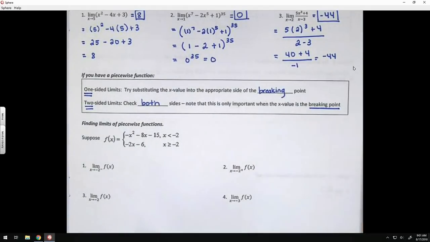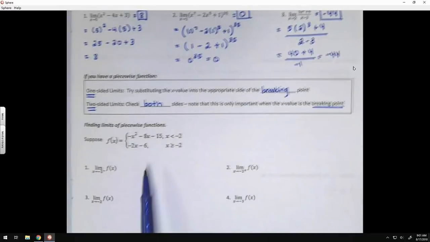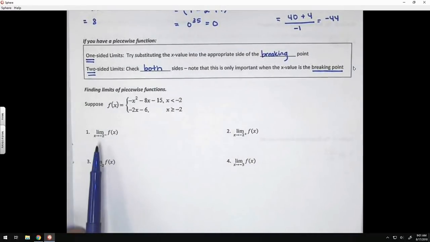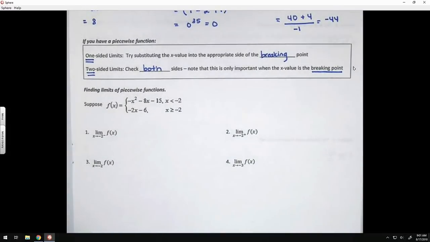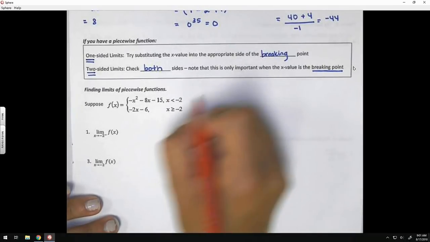So let's take a look at this example. Suppose you have this piecewise function. The first question is, find the limit as x approaches negative 2 from the left. Now I'm noticing right away that the negative 2 is the breaking point.